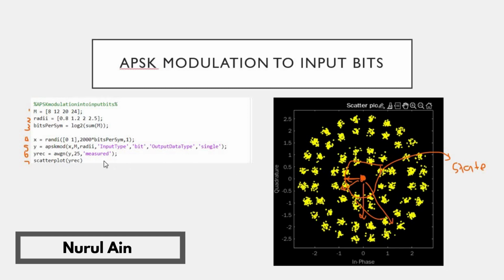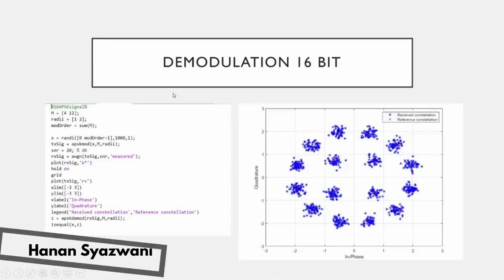The third line is where the bits per symbol are calculated using the equation, and m can be obtained from the summation of all circles equals 64 bit. The fourth line is an equation to obtain the x-axis value. The fifth line explains applying APSK modulation using data and name-value output. The sixth line explains passing through a channel with a 25 dB signal-to-noise ratio, and the last line is plotting the received constellation using a scatter plot.